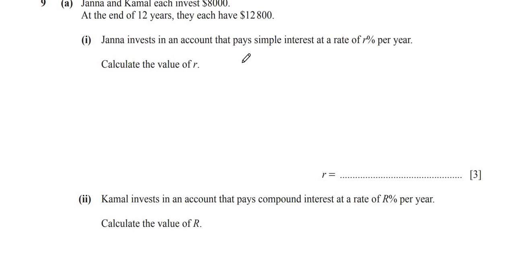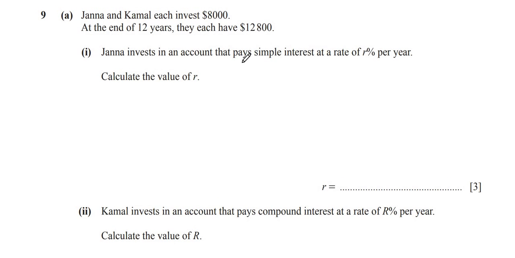So moving on to the next question, it says Jenna and Kamal each invest $8,000. At the end of 12 years, they each have 12,800. Jenna invests in an account that pays simple interest. So look, calculate the value of R. Okay. So first of all, Jenna and Kamal both invested 8,000 and now they have 12,800.